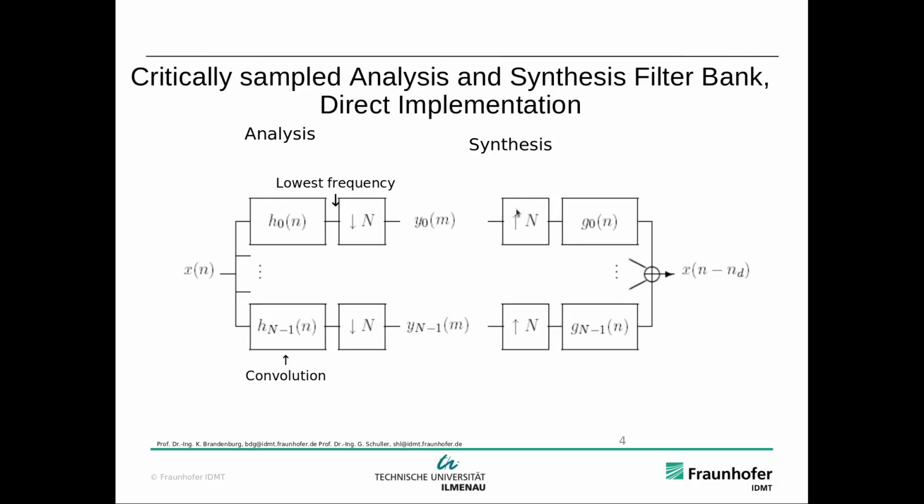Then the synthesis does the reverse steps. So it first upsamples with a factor of N to obtain the original sampling rate back. So it's doing this upsampling by just inserting N-1 zeros after each sample coming from the subbands. Then we have these bandpass filters. Just doing this upsampling is introducing spectral copies, as we will see.